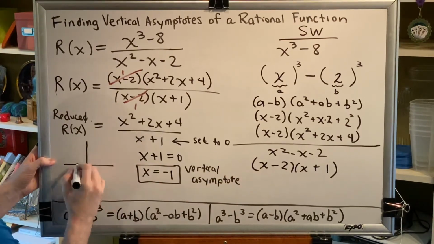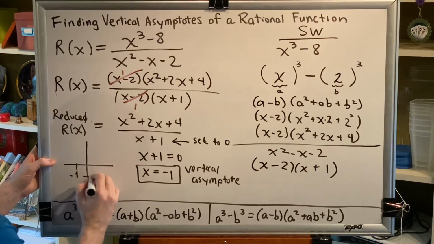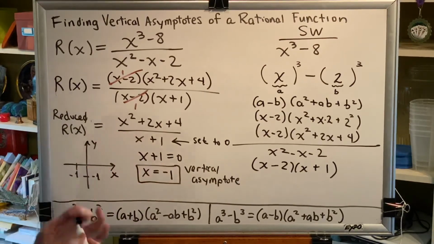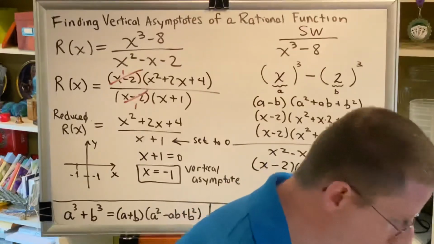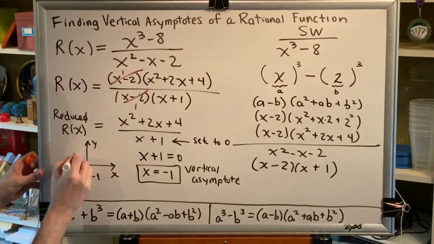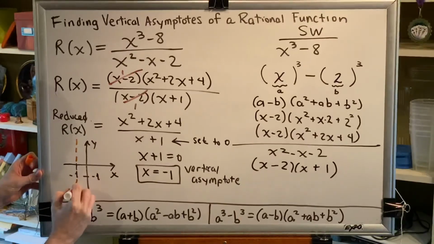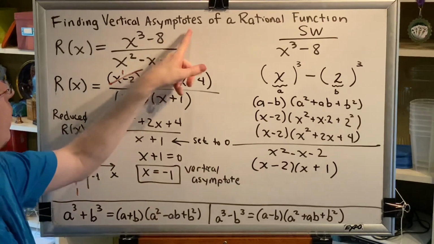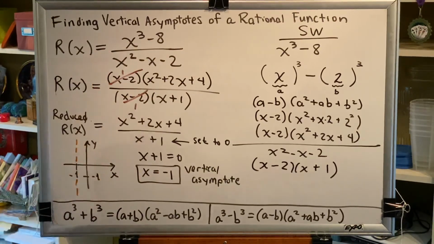So if I were to graph this particular asymptote, I would draw a vertical dashed line that goes through negative 1 on the x-axis. And with that, I have completed this problem. We found the vertical asymptote of our rational function.